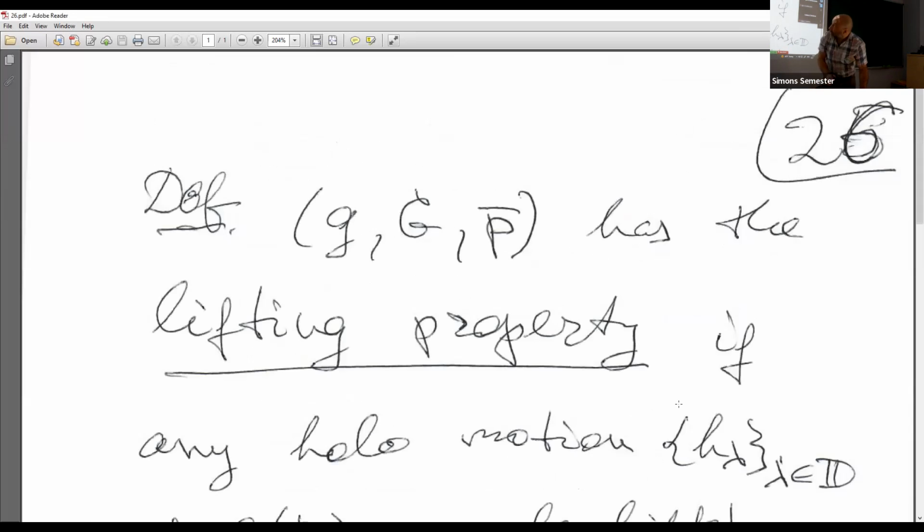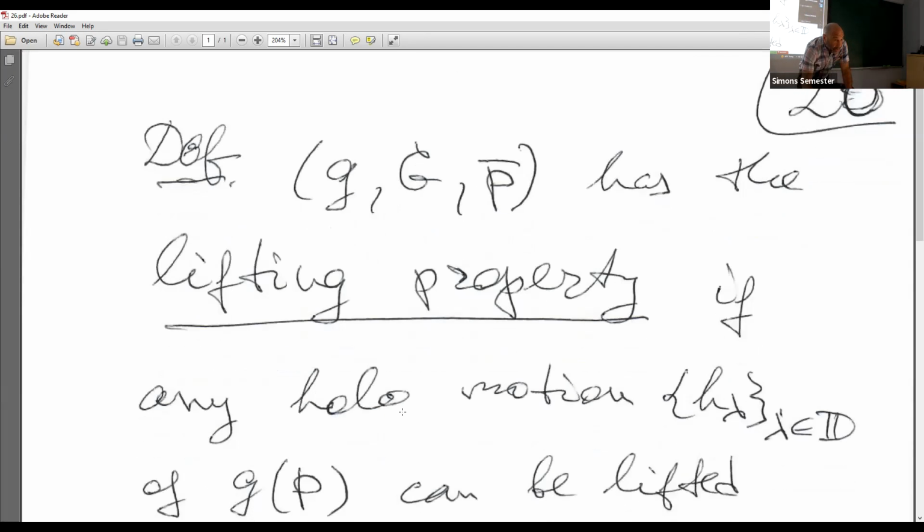Share. It works. Yes, also 26. Or maybe 27. No, that should be 26. So this is 26. You see it, yeah? Okay.